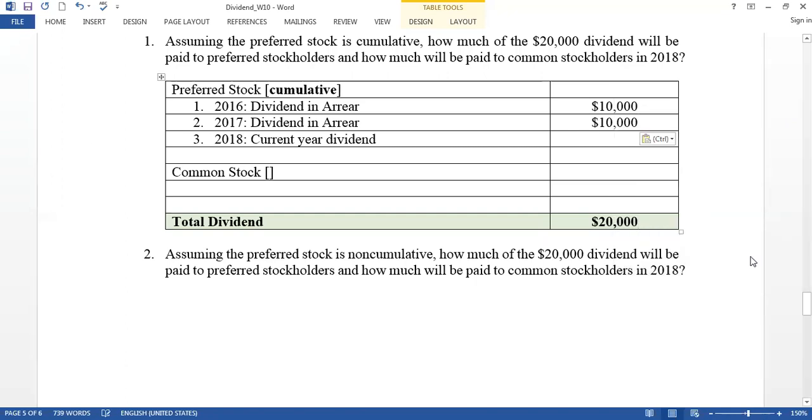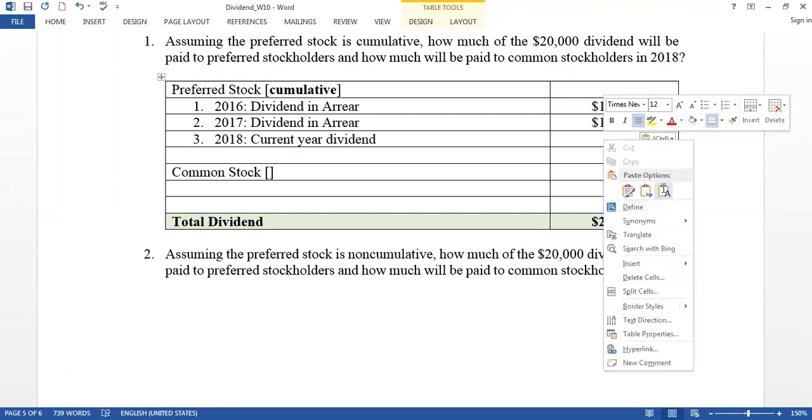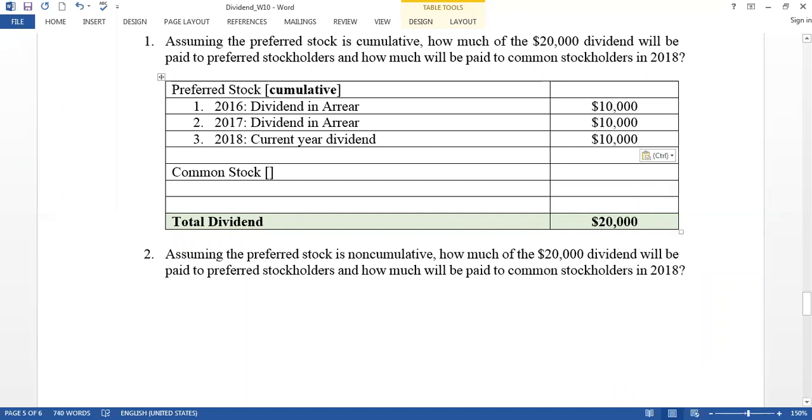Also 10,000. So 10,000 and 10,000, right? What about the dividend of 2018? Also 10,000? No, no dividend for the current year, 0, right? And common shareholder will also receive no dividend.